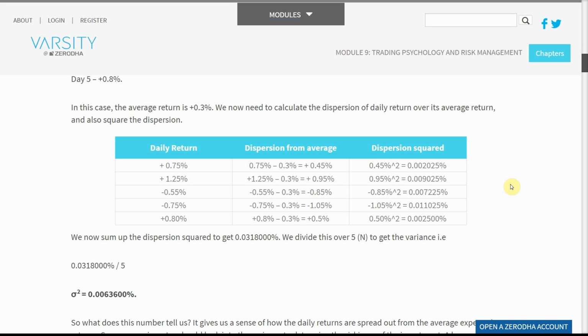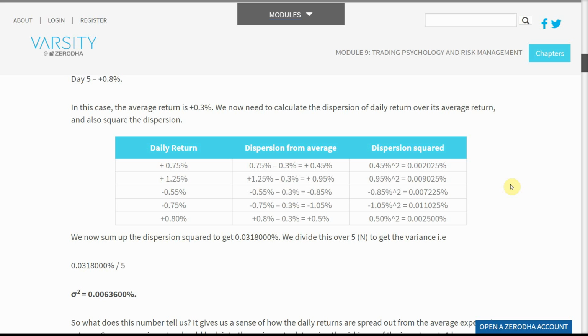We now need to calculate the dispersion of daily return over its average return, and also square the dispersion. Daily return, dispersion from average, dispersion squared. Plus 0.75%: 0.75% minus 0.3% equals plus 0.45%, 0.45% squared equals 0.002025%.